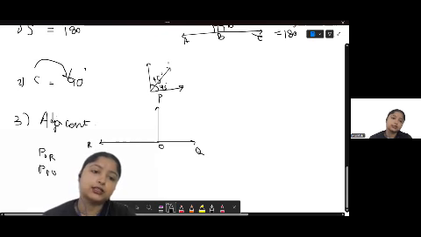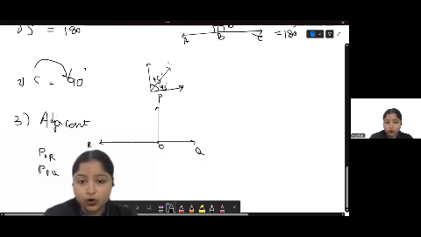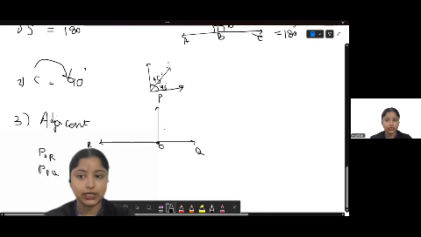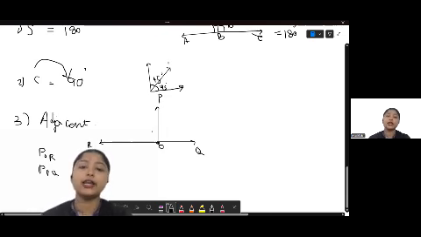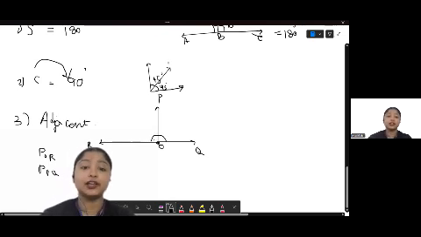They share a common vertex, a common corner. This is the common corner between them, but they're not overlapping each other, right? So these are adjacent angles. Understood?